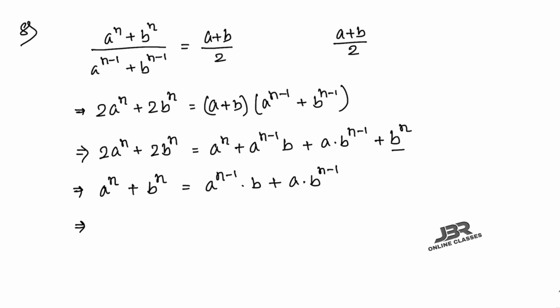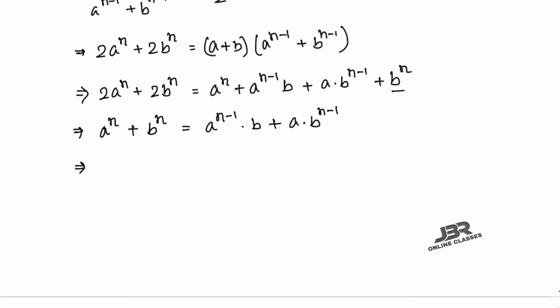Clear? Okay. Now next thing, you can write down a to the power n minus a to the power n minus 1 into b plus b to the power n minus a into b to the power n minus 1, that one equal to 0.